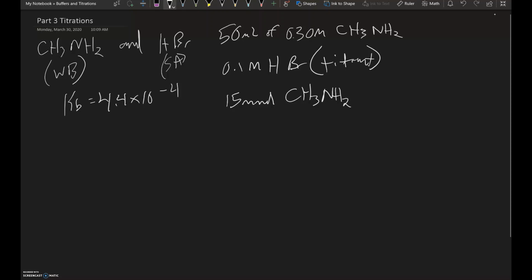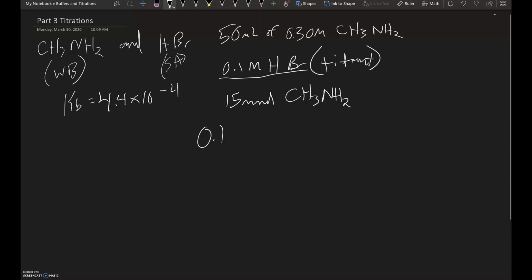Remember, the equivalence point is where you have equal moles of acid and base, so they neutralize each other. To figure that out, we know the concentration of the hydrobromic acid, and we need 15 millimoles to neutralize the 15 millimoles of the CH3NH2.